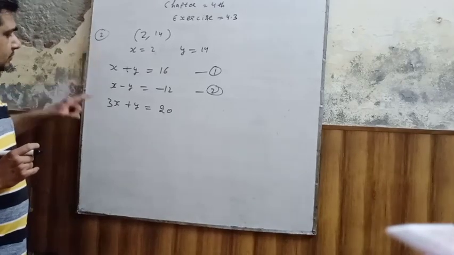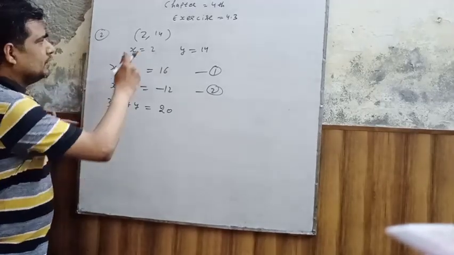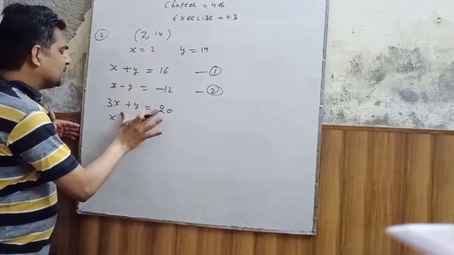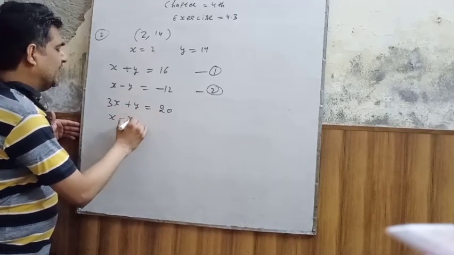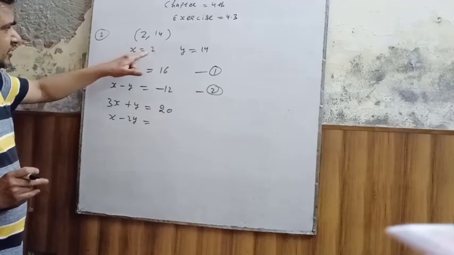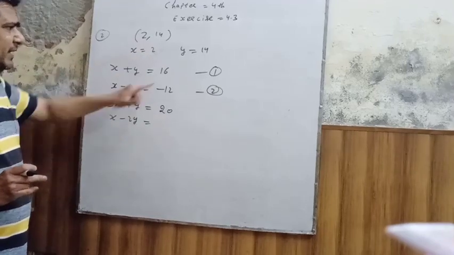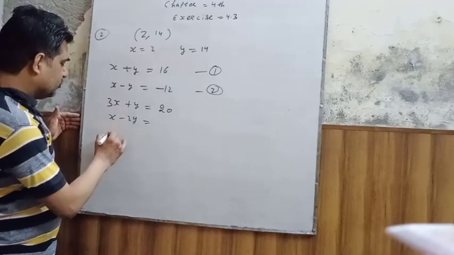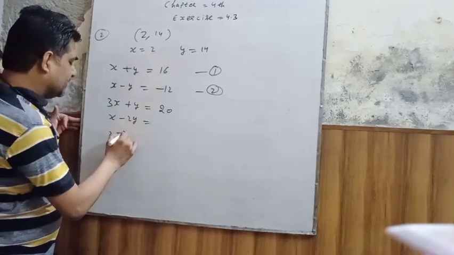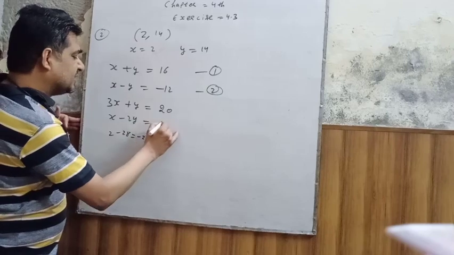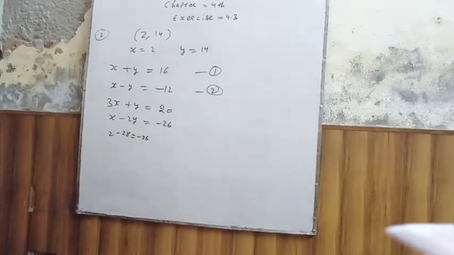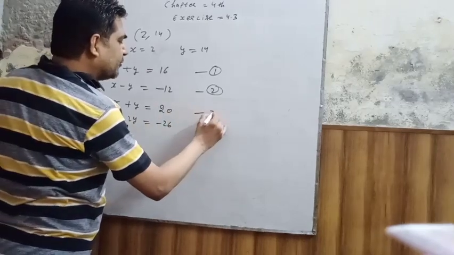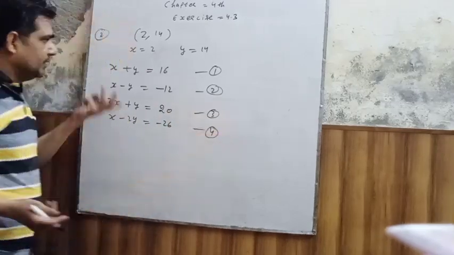Now the next equation, x minus 2y is equal to, x is 2, y is 14, 2y is 28, 2 minus 28, it means minus 26. That is the third equation, that is the fourth equation.